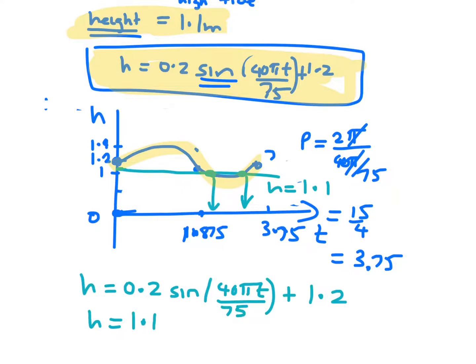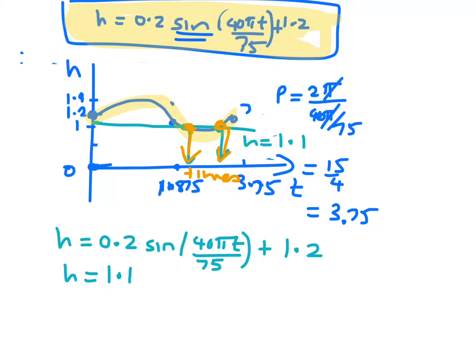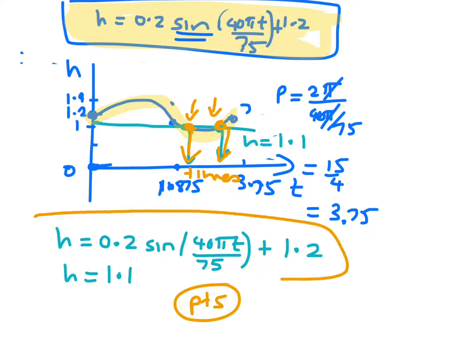Then the point of intersection of these two things, if you get those 2 times, would be the same as if you solved it algebraically. Now on Desmos, if you run your cursor along here, you will actually get those points, and that's the significance of it. So all you've got to do is put in the height that you want, and you put in the equation, and the point of intersection is the same as the algebraic solution.